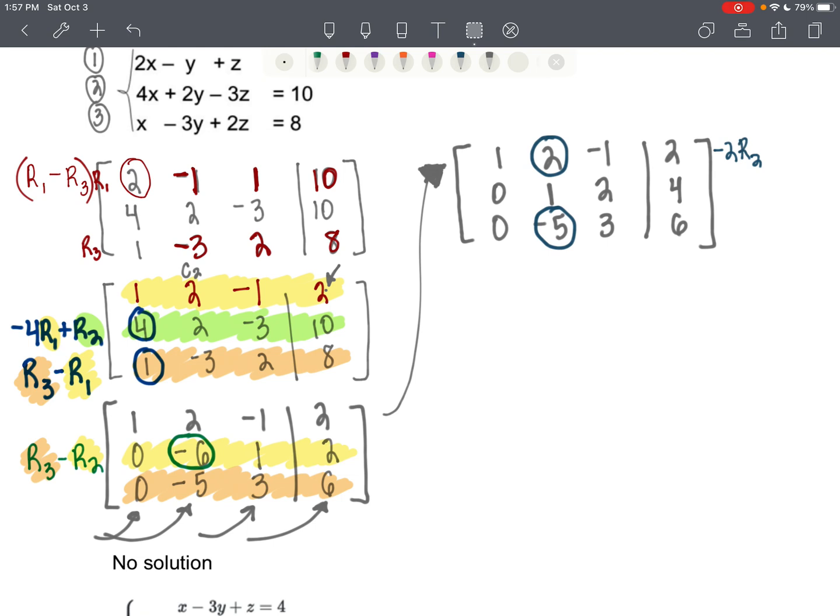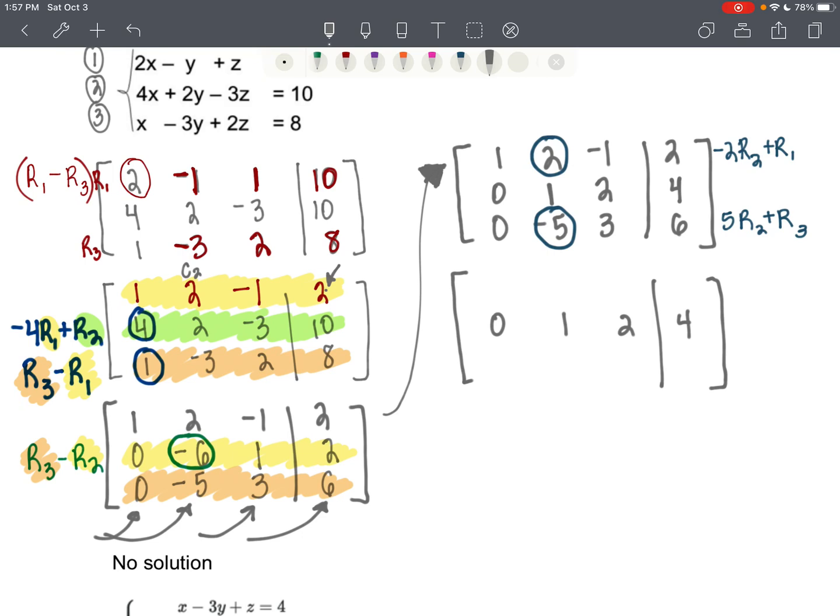And likewise, I got to make sure I add it to row 1. Likewise, I can take row 2 and multiply it by 5 and add it to row 3. This is just like a puzzle. That's really what it is. 0, 1, 2, and then 4.